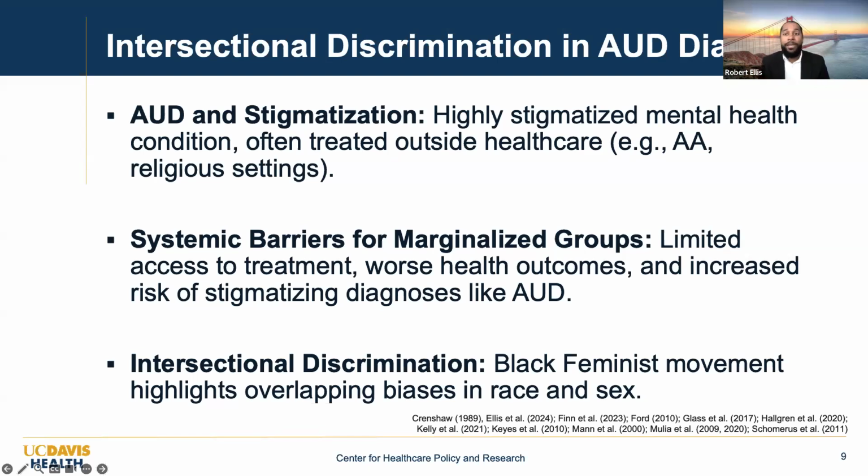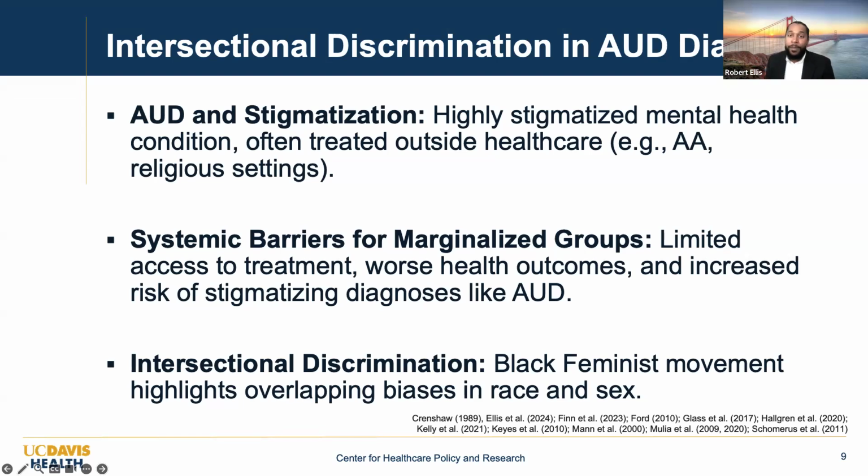Further, there are systemic barriers, such as limited access, resource constraints, and discrimination, that cause marginalized individuals to be documented with stigmatized conditions like AUD at higher rates, while at the same time experiencing worse health outcomes and having limited access to effective treatments for those conditions.